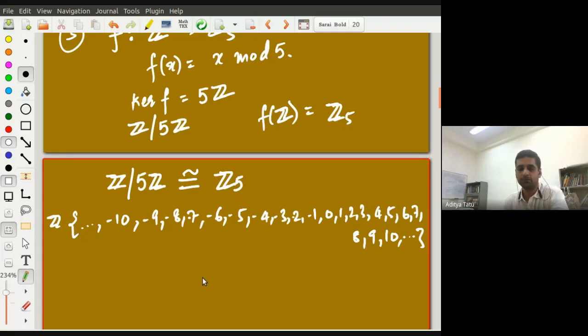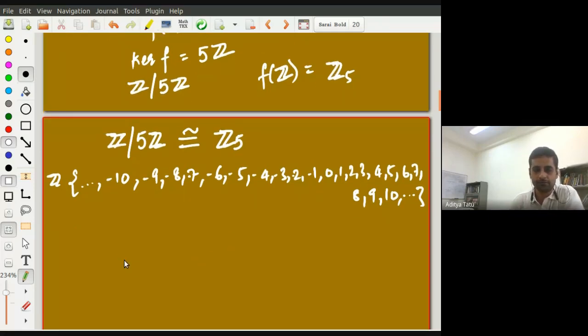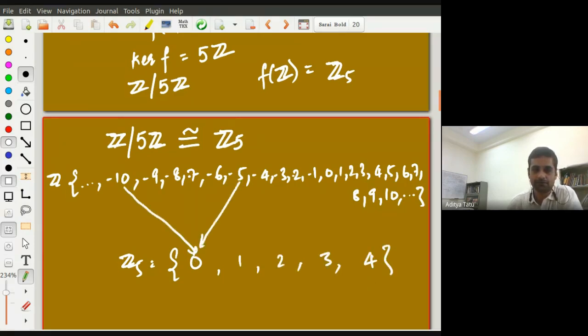You're mapping them to Z5. What is the mapping? Something like this.